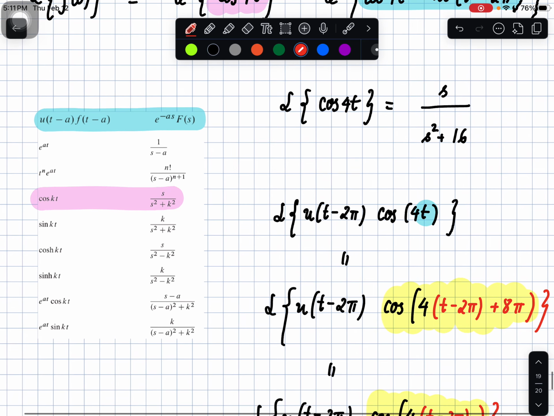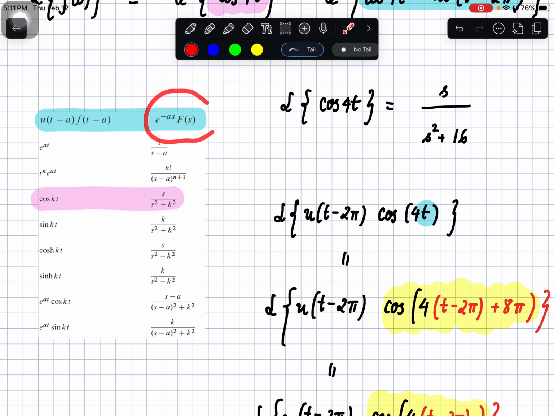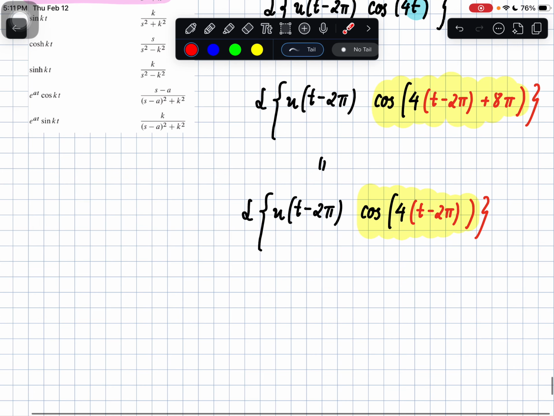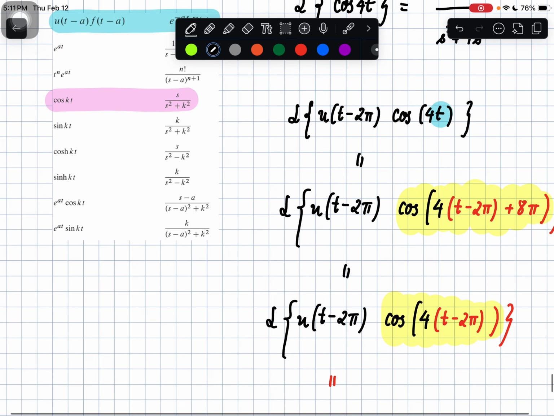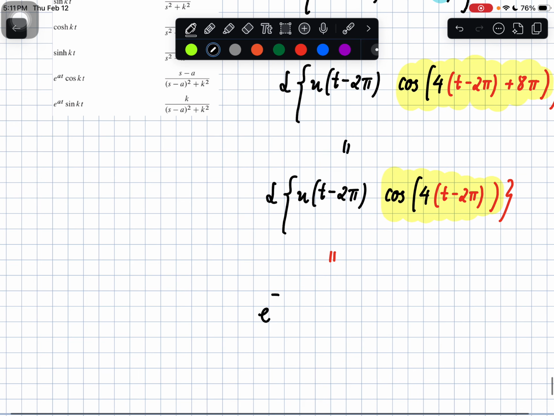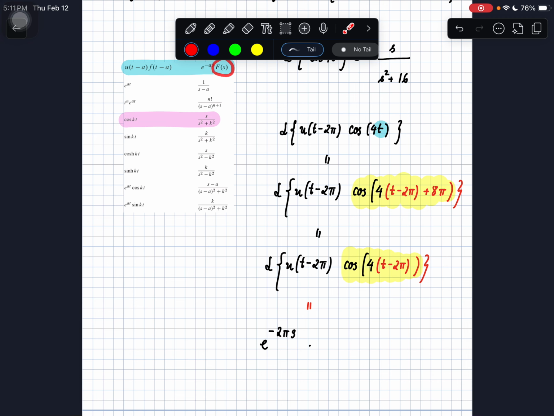Now by the table we know that this is e to the minus as times F(s), e to the minus 2πs, the Laplace transform of small f(t).